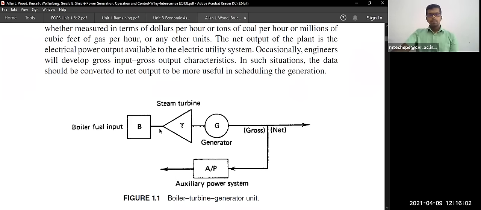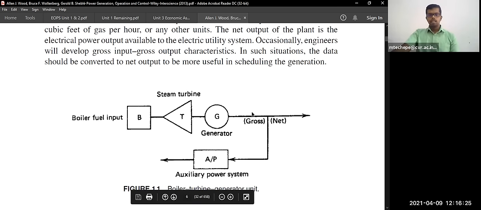An enormous amount of heat is given to the boiler, so that superheated steam is hitting this turbine. The turbine is coupled with a generator, and that generator is connected to a common bus or auxiliary power system. This is the simple block diagram of a boiler turbine generating unit.